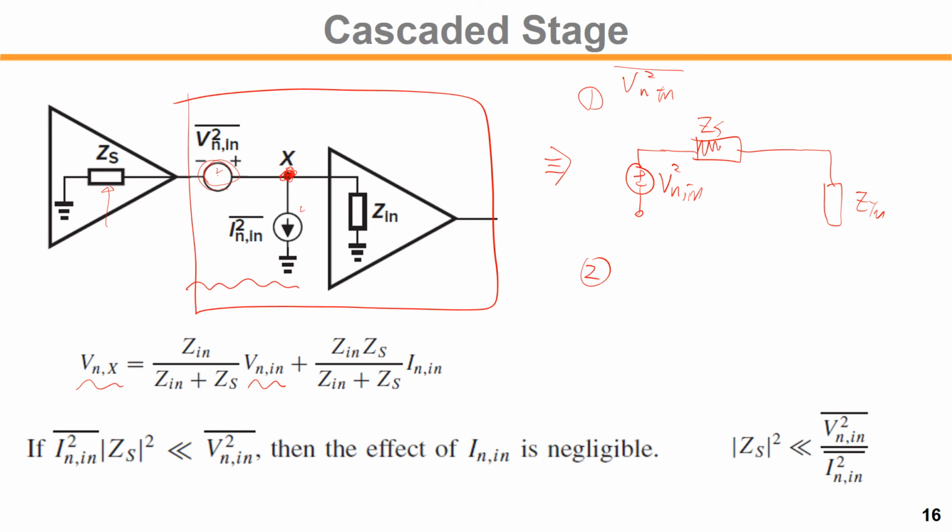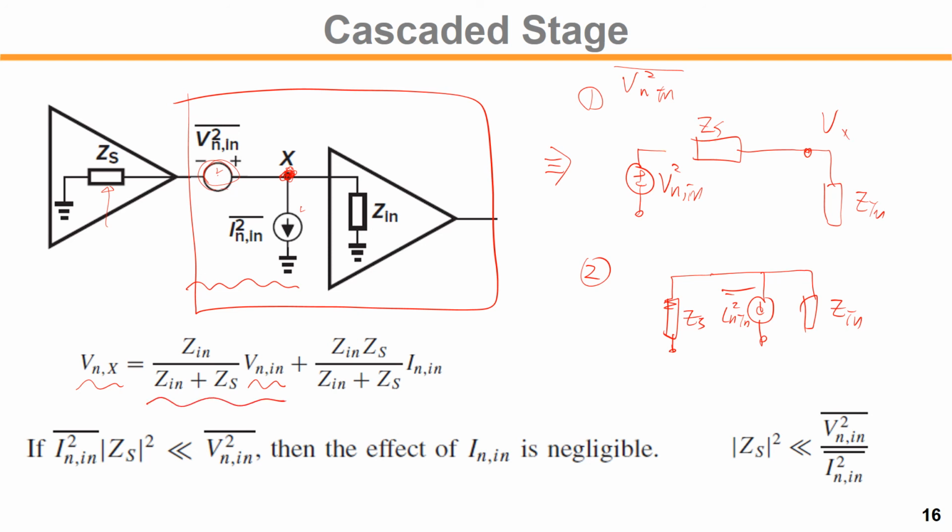So second would be, with GS and Gin, we have a current source there, right? For the first network, we can find the X node voltage here, like this, by voltage division.